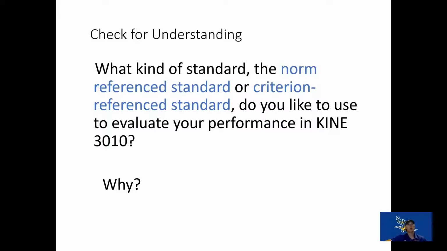So you're compared to your peers within that group compared to a Criterion-Referenced standard where we have a set value that you must achieve regardless of what anyone else within that group achieves.